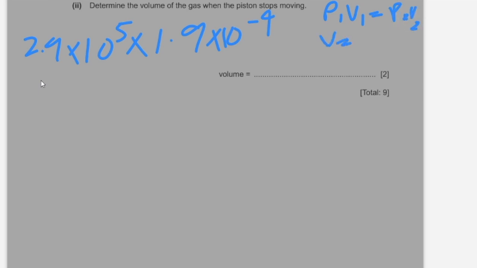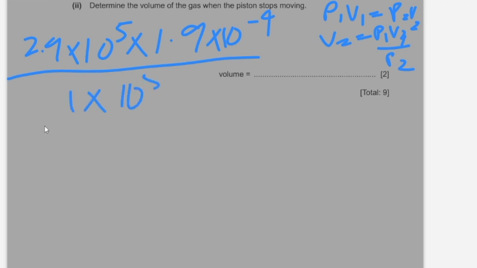So V2 should be equal to P1V1 divided by P2. And once the catch gets released, the final pressure should be equal to atmospheric pressure, and that is 1 into 10 to the power of 5, and this gives us the answer as 5.5 into 10 to the power of -4 meters cubed.